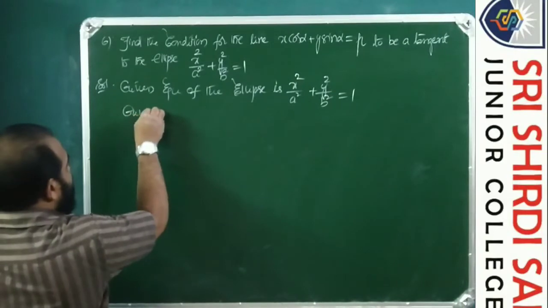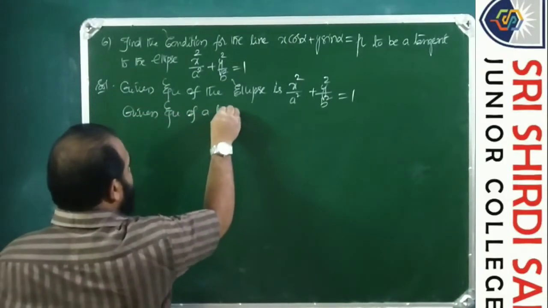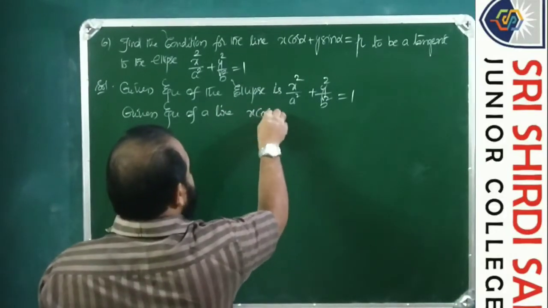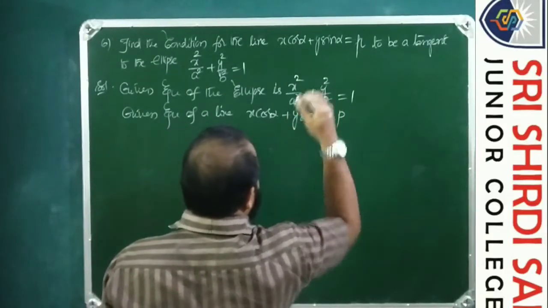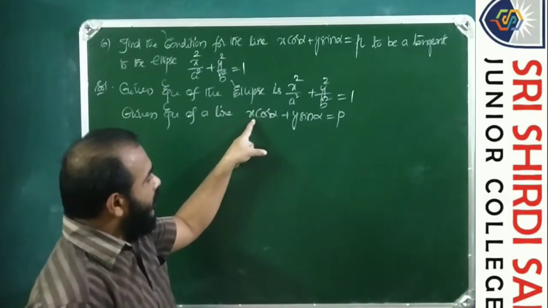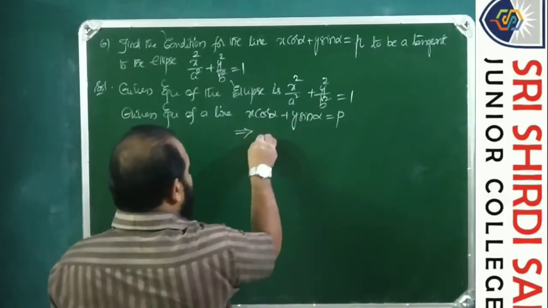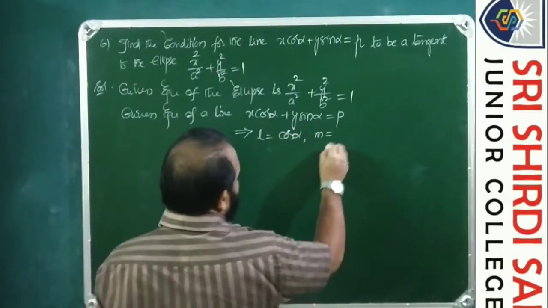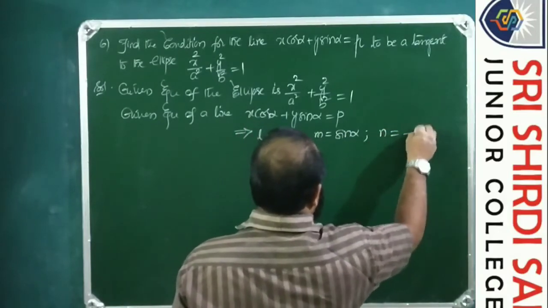Given equation of a line x cos alpha plus y sin alpha equals to p. So here this is of the form Lx plus My plus n equals to 0. Here L equals to cos alpha, m equals to sin alpha, n equals to minus p.